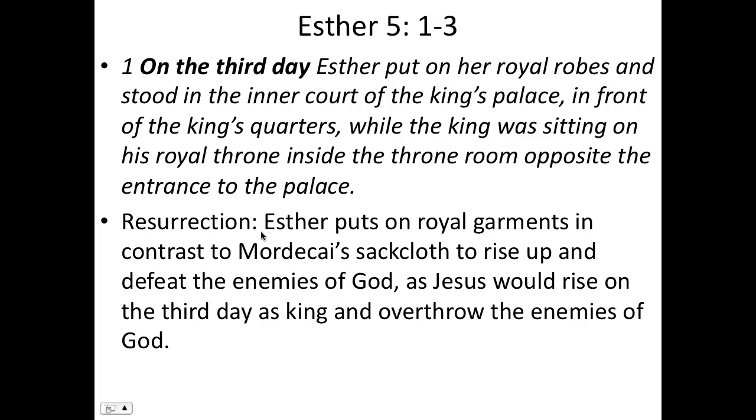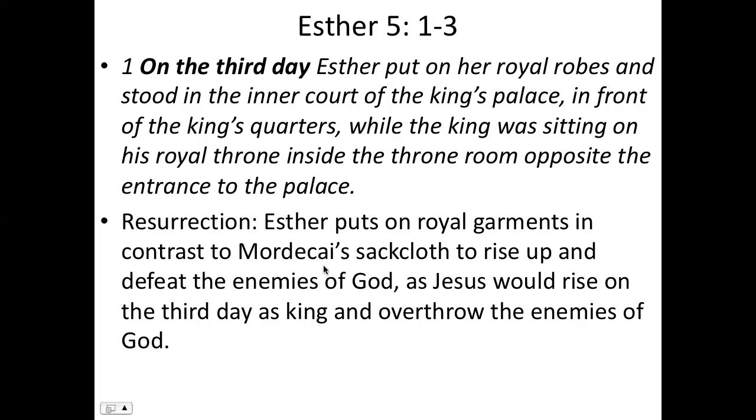You could put it this way: Esther finally comes out of 3 days of fasting, and it's almost like a death, because death has been decreed on her people. She has the statement right before she goes into the fast: if I die, I die, right? But after the third day, she puts on royal garments. This is in contrast to Mordecai's sackcloth.